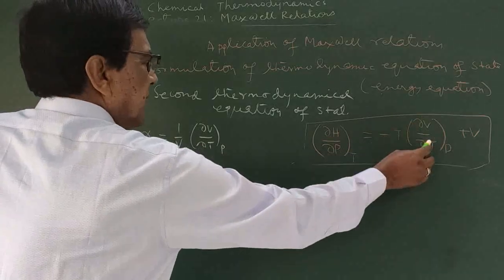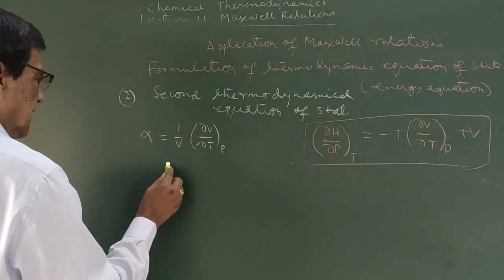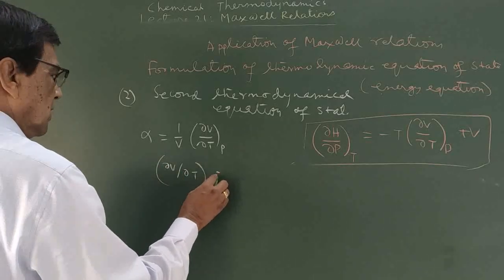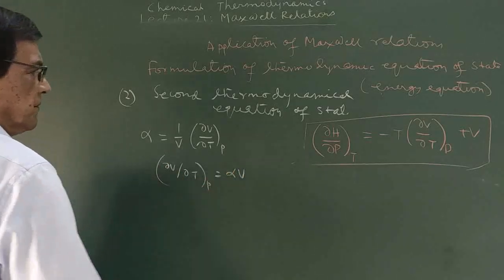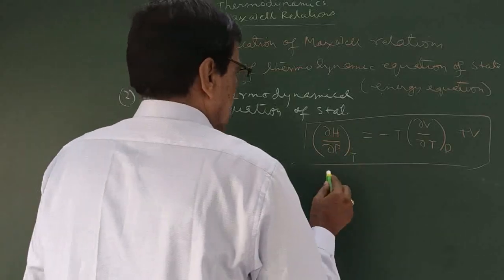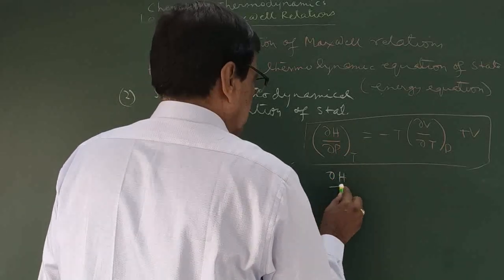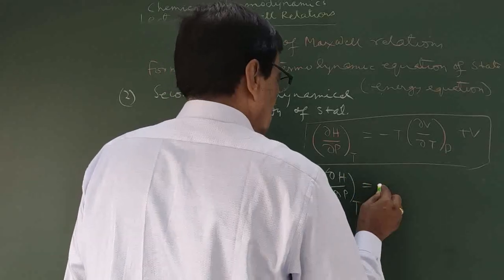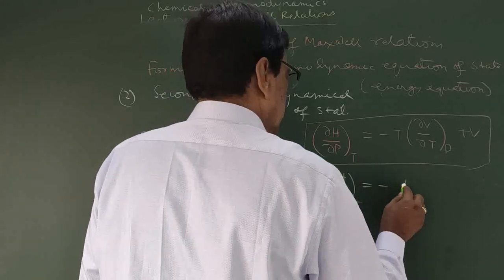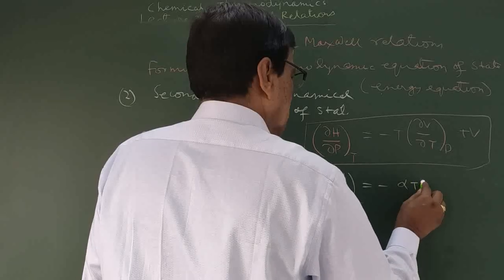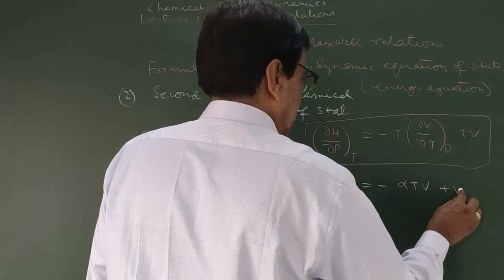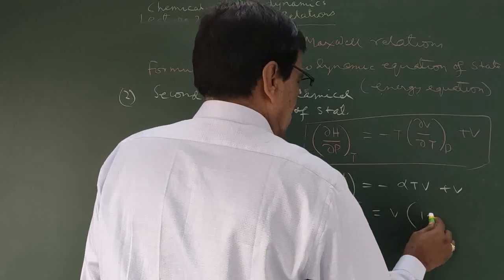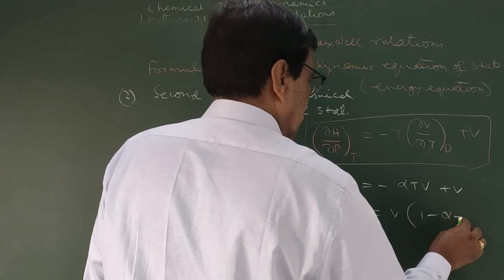So del V by del T at constant pressure equal to alpha V. So inserting here, del H by del T at constant temperature equal to minus alpha T V plus V. You can get this V common: V into (1 minus alpha T).